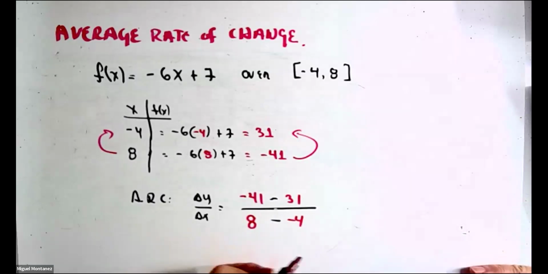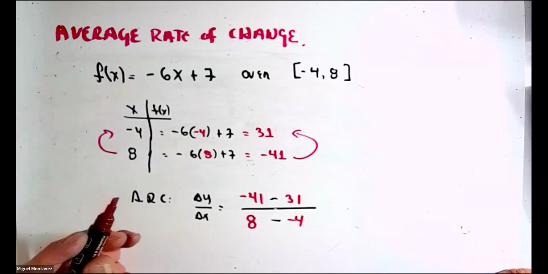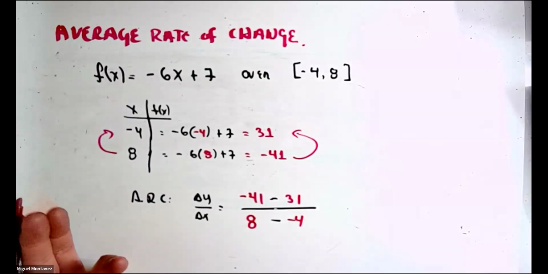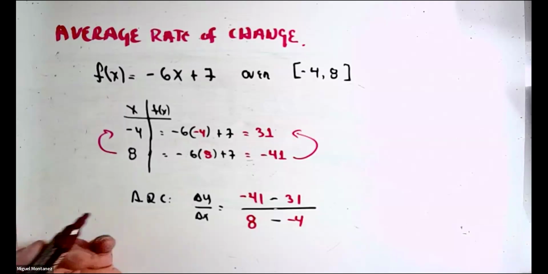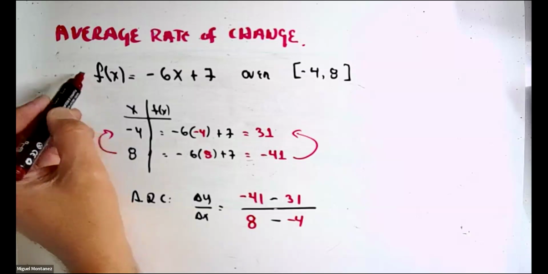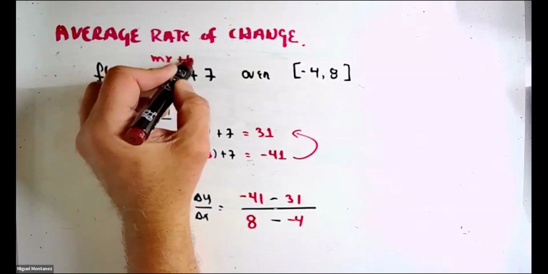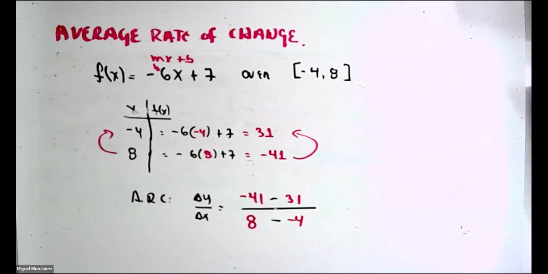Before we do the math, remember that the average rate of change is the slope of the secant line. And the slope, of course, is the rate of change. And look at this function. This function is a linear function of the form mx plus b, where the slope is negative 6. So this answer better be negative 6, if not, we're in trouble.